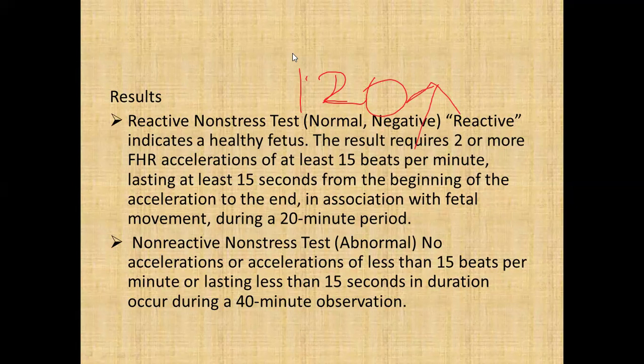So if the baseline is 120, during fetal movement we want to see the fetal heart rate increase to at least 135. After the fetal movement, the fetal heart rate will drop back to the baseline. During the 20 minutes of the procedure, you have to see at least two of these things happening.